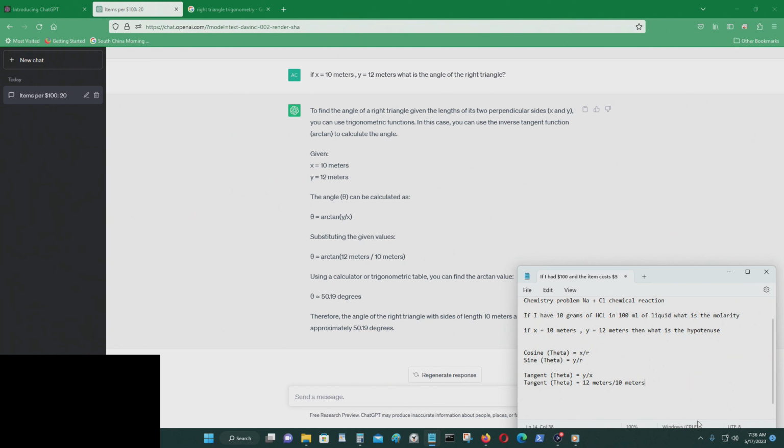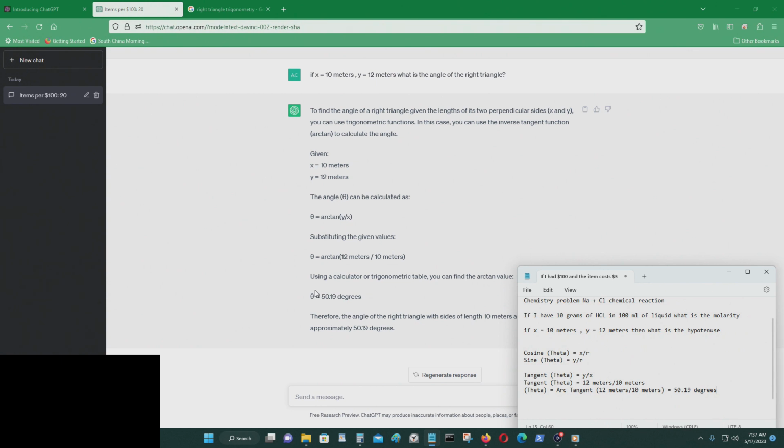So we have to solve for theta. So that's correct. Yes, it can actually do that.